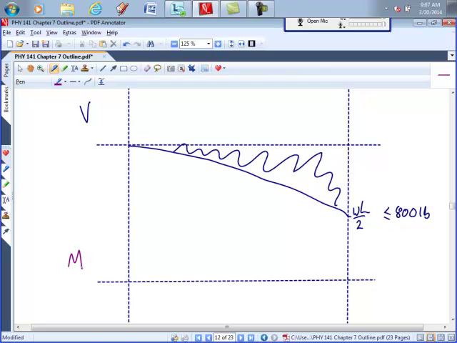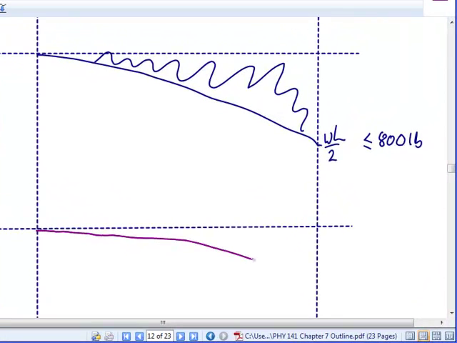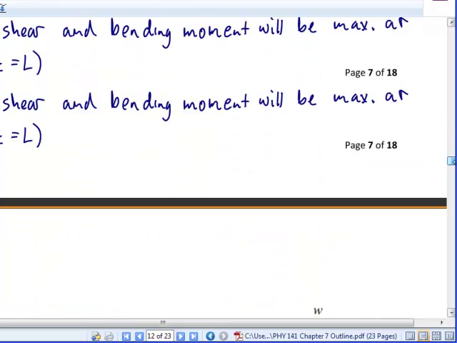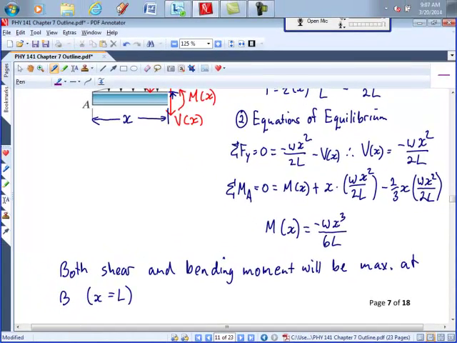What's the bending moment diagram going to look like? It's a cubic. It's going to look similar to the parabolic curve, but a little bit sharper. Okay, and it's going to reach a maximum value here again when x is equal to L. So we would substitute in x equals L, that would be WL cubed over 6L, which would be WL squared over 6.